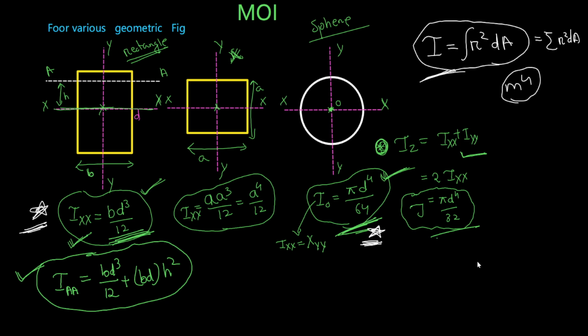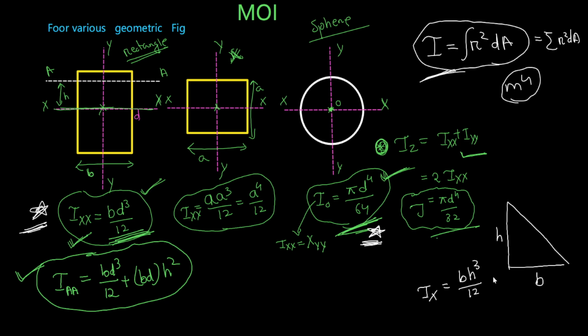That will be a triangle like this. Suppose this is a triangle having a base b and height h. If you want to calculate Ixx, it will be nothing but bh cubed by 12, not bh cubed by 12.